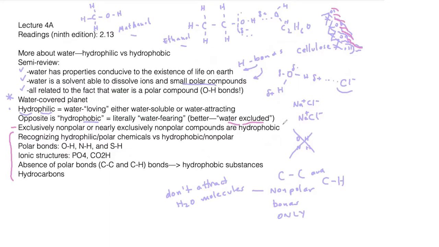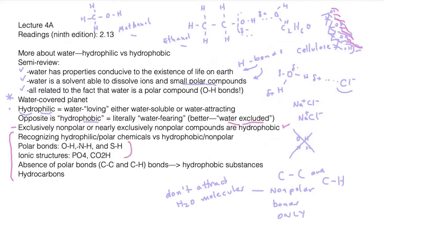And I think we've done this entirely. We talked about how nonpolar molecules are going to be hydrophobic. You can recognize hydrophilic or polar from hydrophobic or nonpolar based on the presence or absence of structures that would be attractive to water, right?